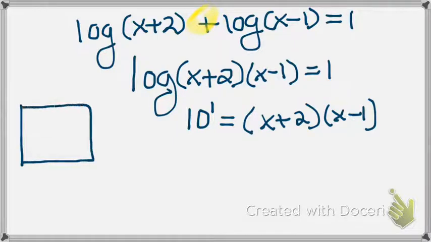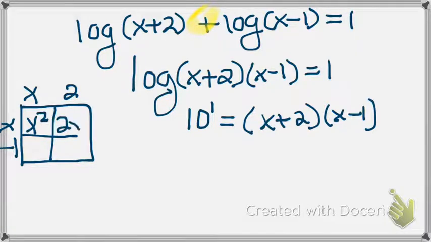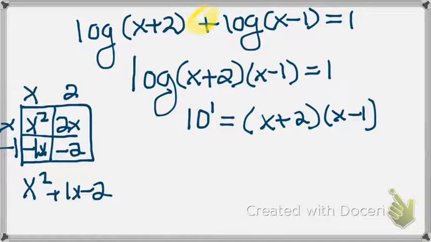We have a quadratic. So in order to multiply, we can go ahead and use our area model to expand. X squared, 2x, negative 1x, negative 2. All right, so here we go. That becomes x squared plus 1x minus 2. 10 to the 1st power is 10.